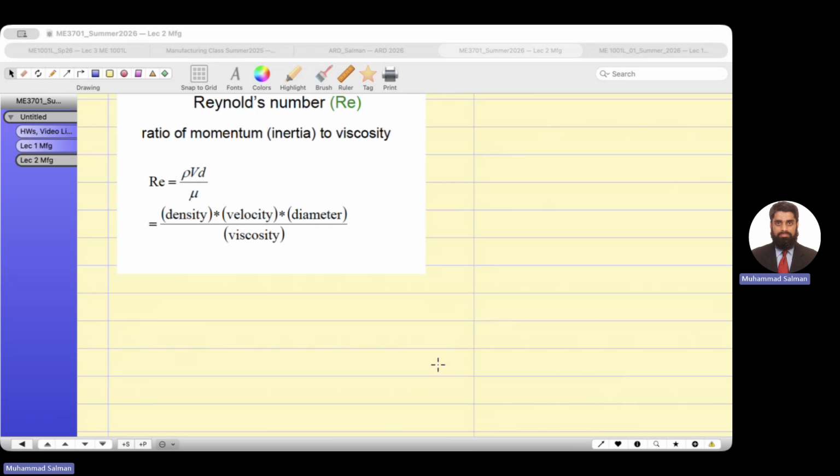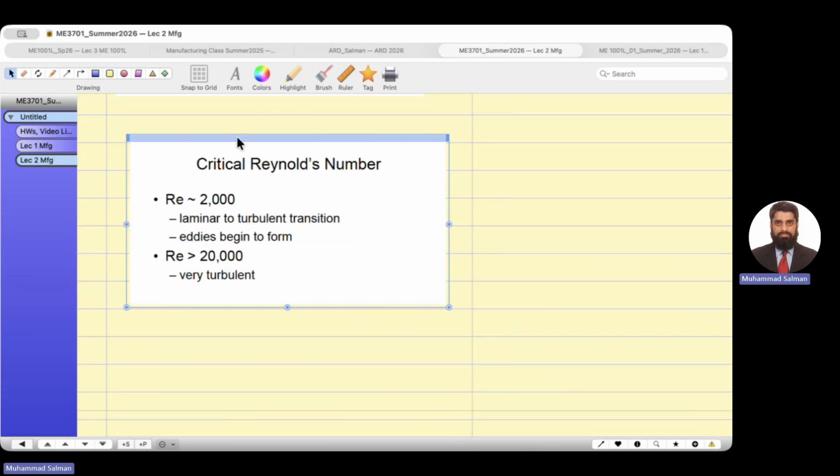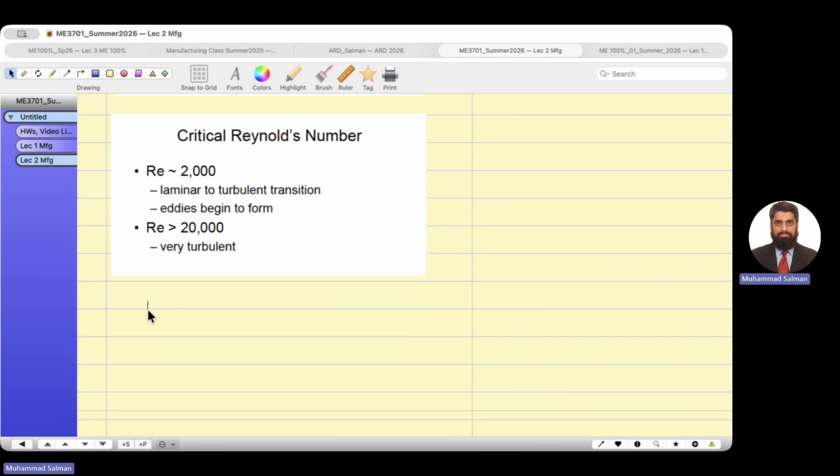So, critical Reynolds number. If the Reynolds number is less than or comparable to 2000, it is very laminar flow, and above that it starts transitioning from laminar to turbulent, and eddies begin to form if it is higher than 2000.